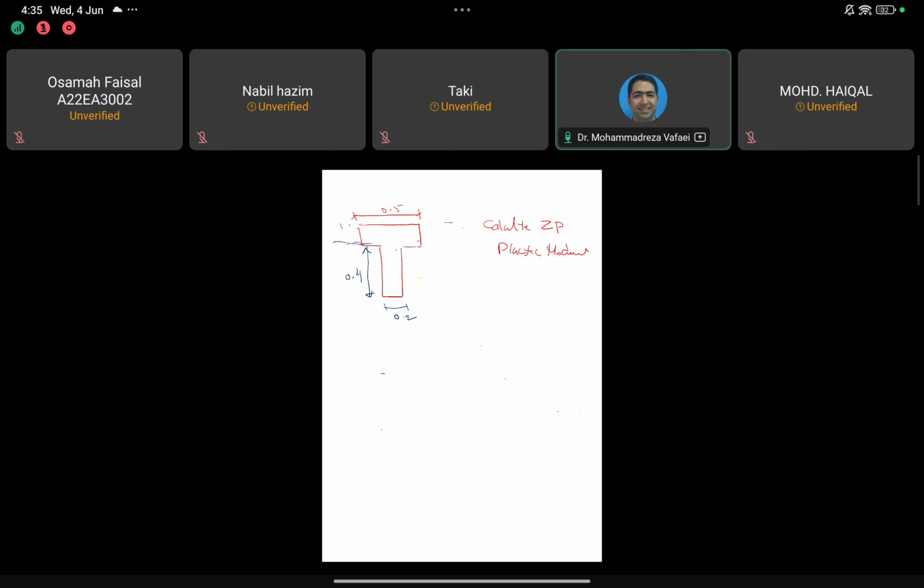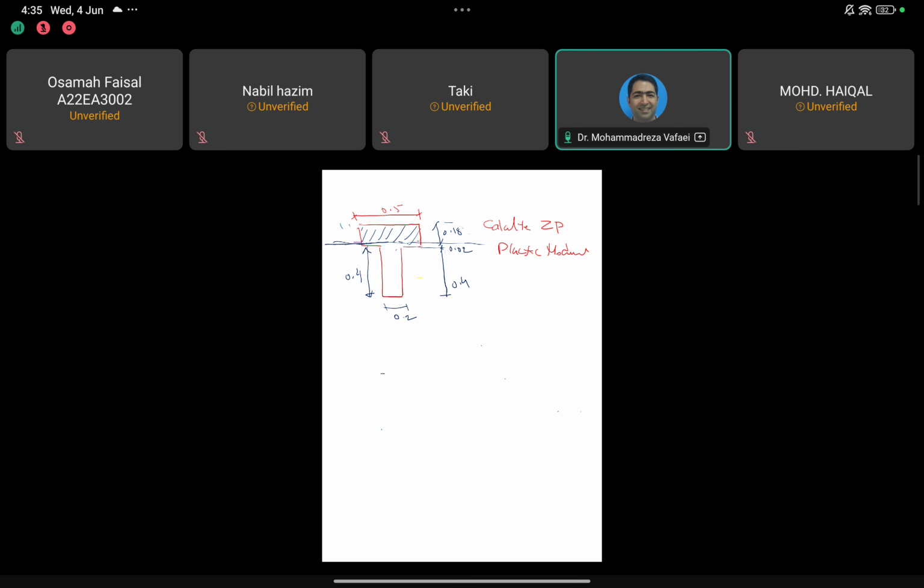So this is going to be from here to here, 0.18. And down here we have 0.02. And from here to here, 0.4. And this is the line of equal area. That means right now the area above equals the area below. So that was the first step, to calculate the line of equal area.